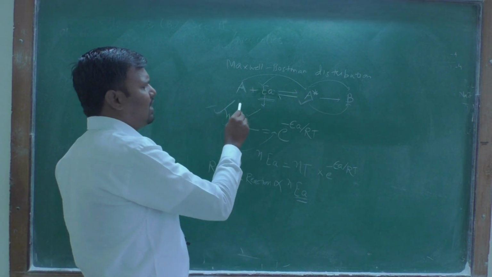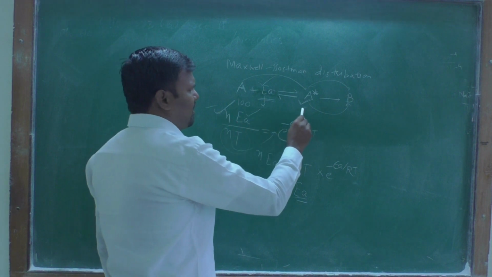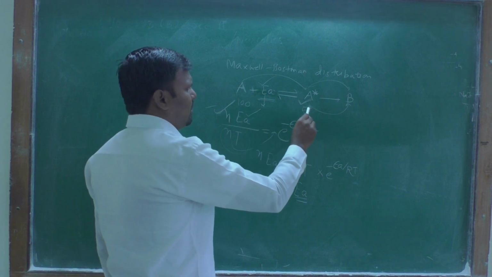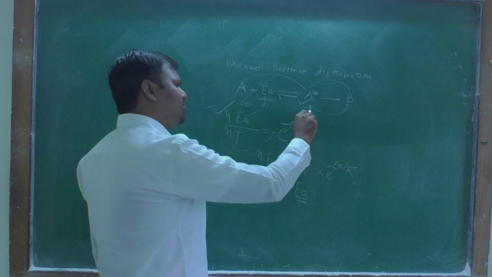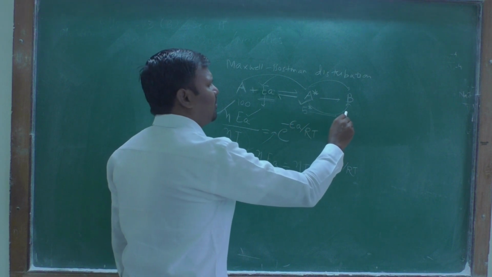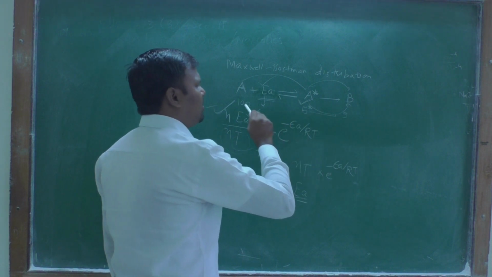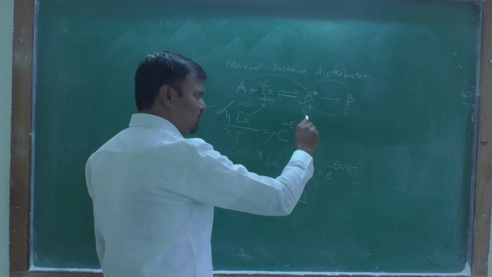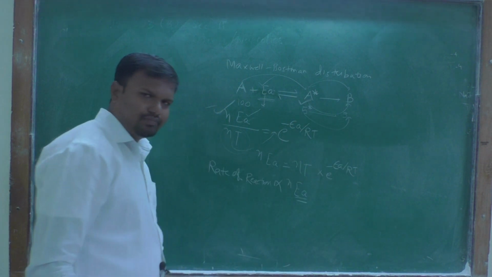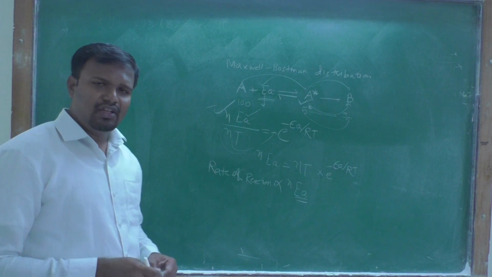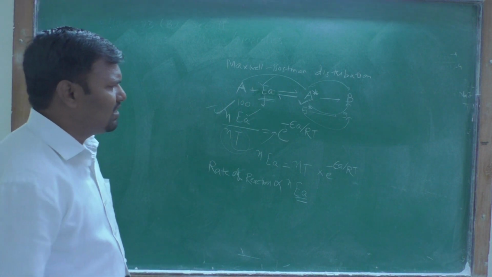Suppose there are 100 molecules and 5 are activated, from this you will obtain 5 or fewer products, but not 8 or 10, because only the activated ones give the product.